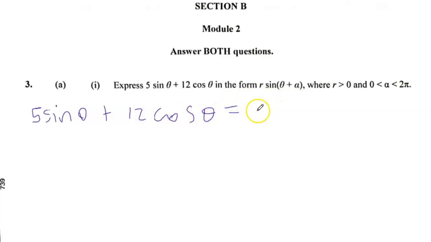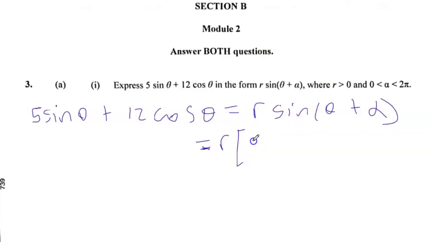We equate that to r sine (theta plus alpha). So we can expand the right hand side. Just focus on the right hand side. We have r and then the addition formula: sine theta cos alpha, plus, and we alternate, sine alpha cos theta.